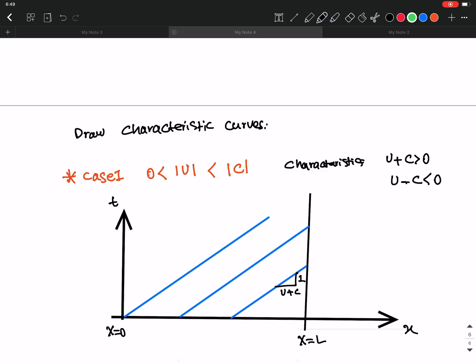And then the second characteristic is going to be, again, a negative slope.